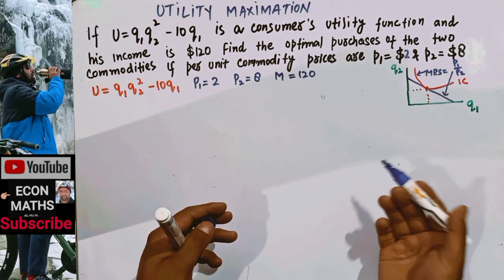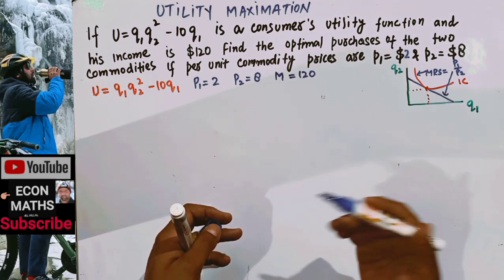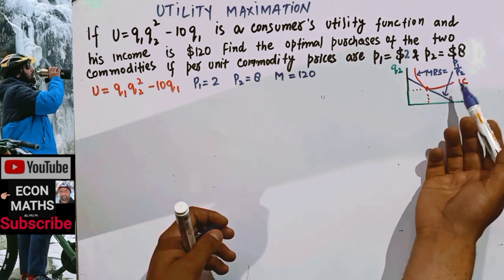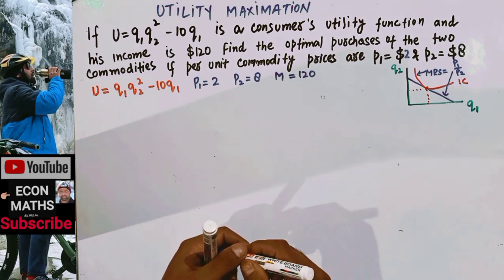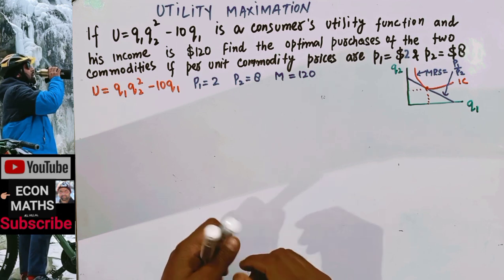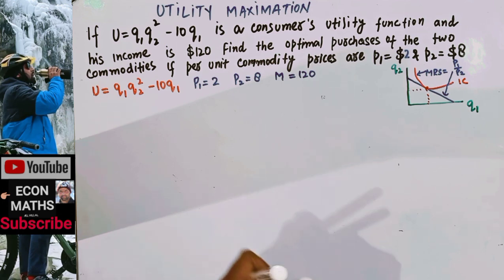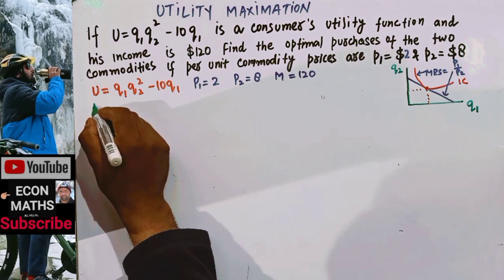When the slope of the indifference curve equals the slope of the budget line, we say the consumer is purchasing the optimal bundle.